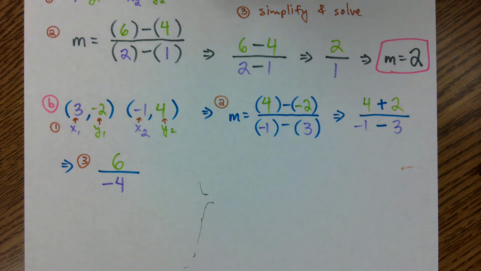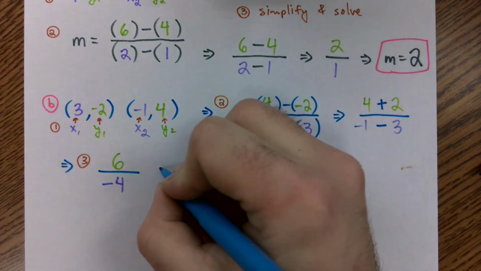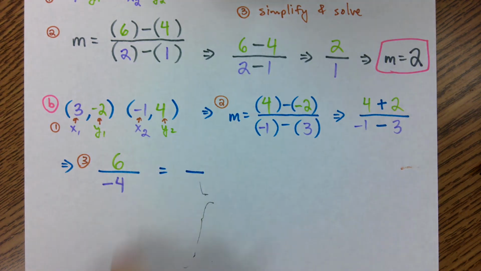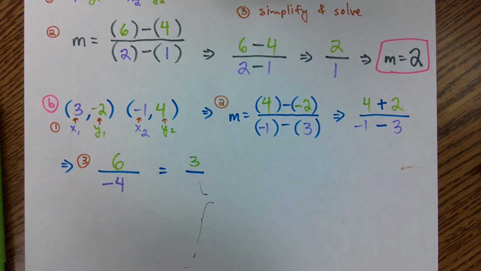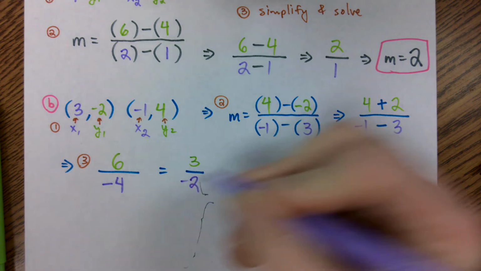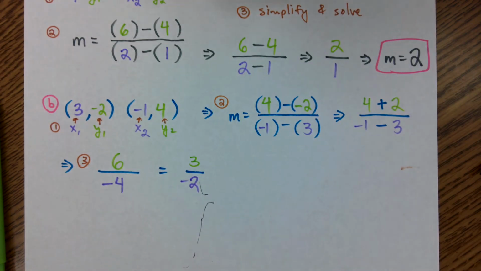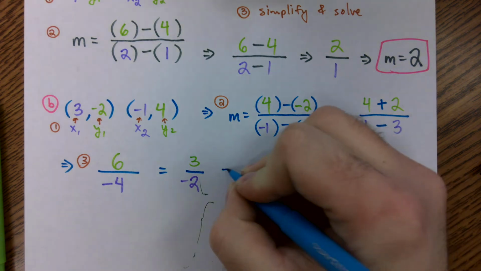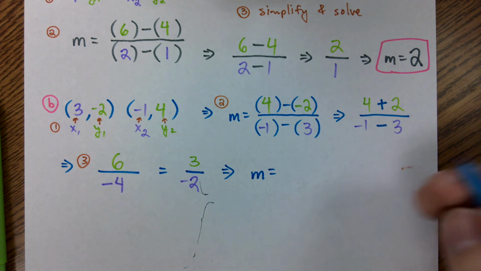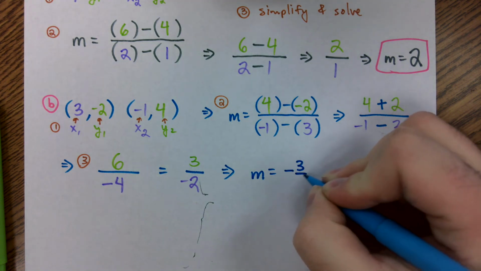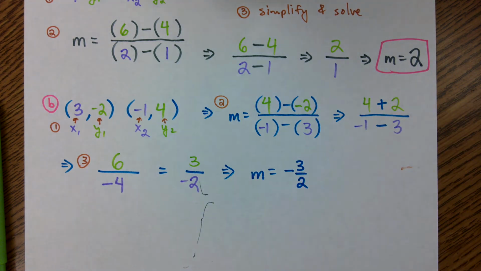What can we cancel out of 6 and 4? 2. 6 divided by 2 would be 3. And 4 divided by 2 would be 2. So our final answer is m equals negative 3 over 2.